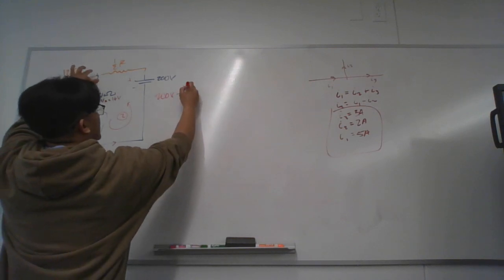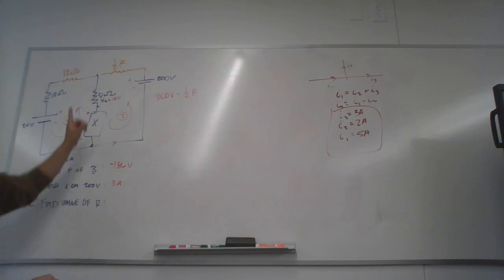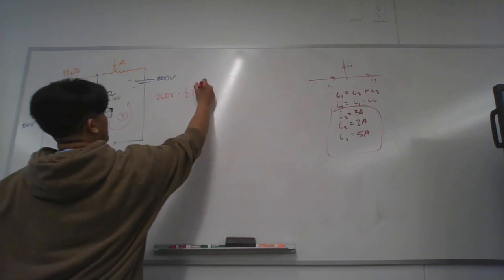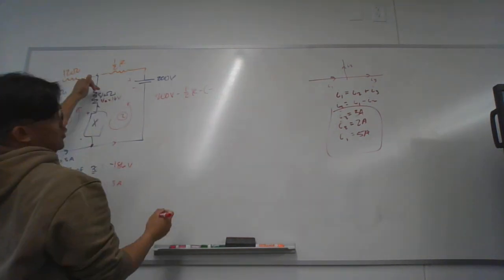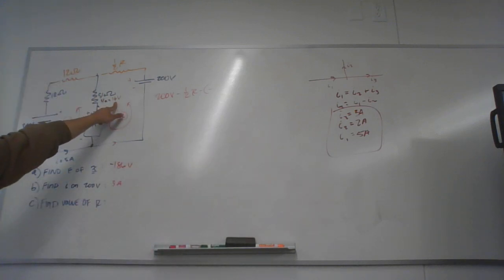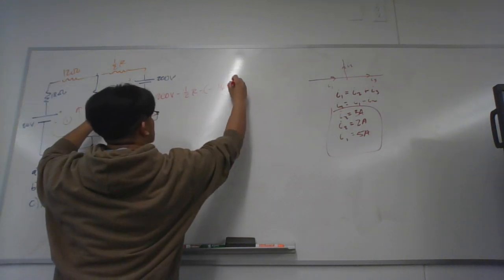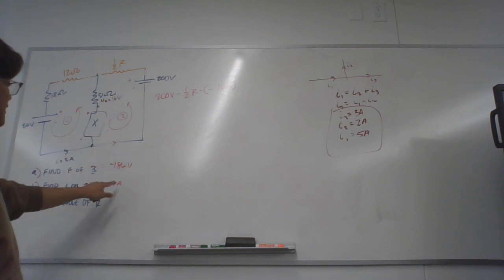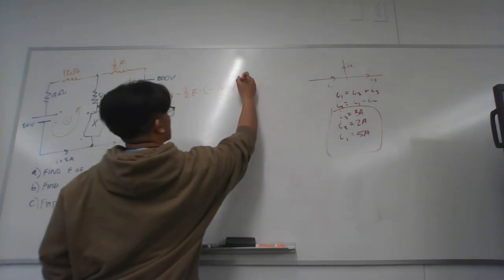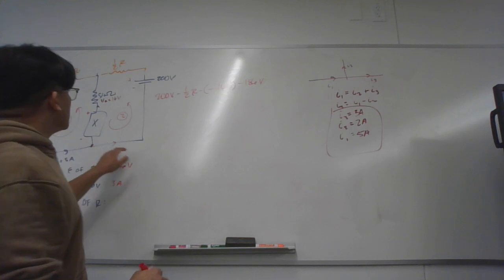And then we're going to have a minus 1/2 R. And then since the current is going that way, and our direction is flowing this way, it's going to be a minus times a minus 8 ohms times 2. Actually, our voltage is already right here, so it's 16 volts. So it's going to be minus times a minus 16 volts. And then we have our X here. It's negative 186.